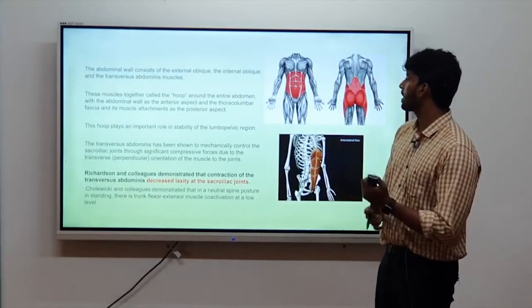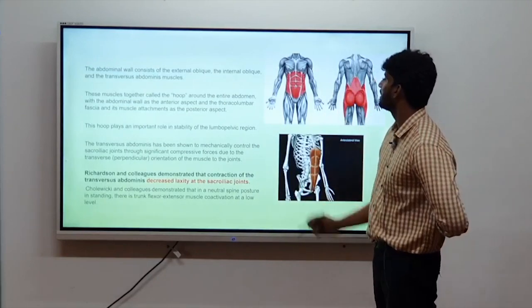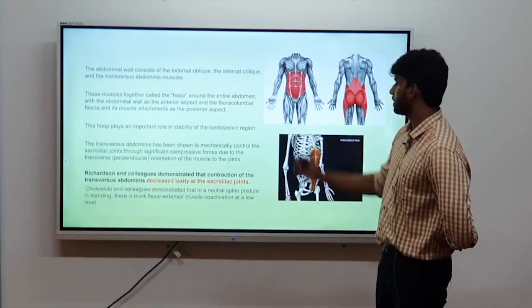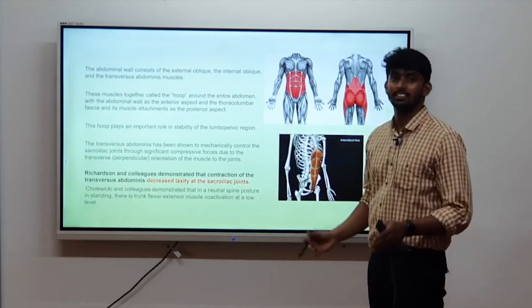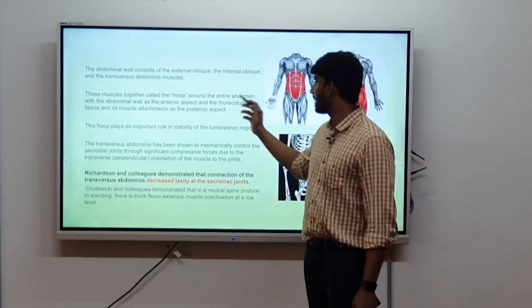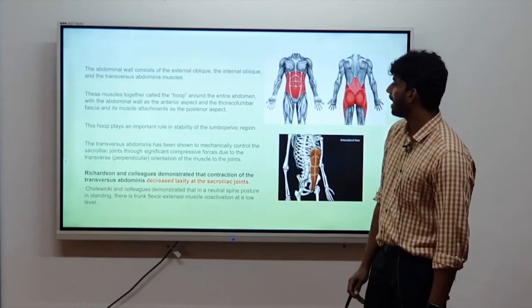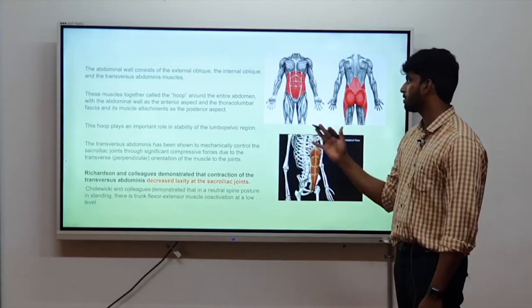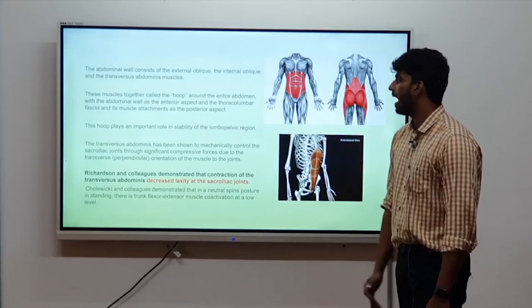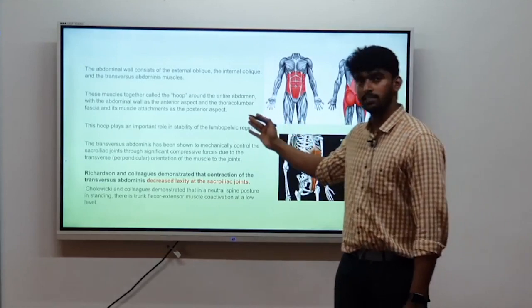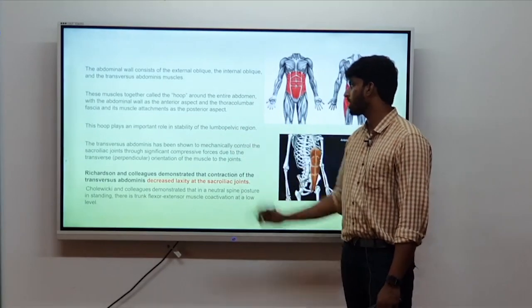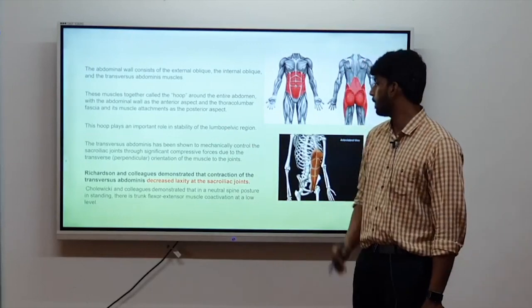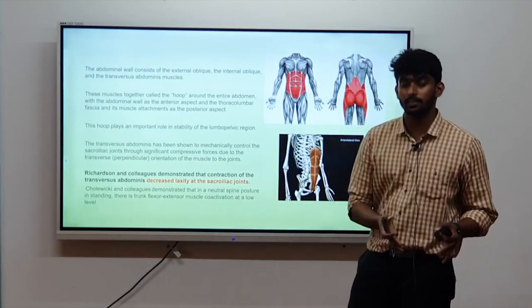The abdominal wall consists of the external oblique, the internal oblique and the transverse abdominis muscle. Together we call this the hoop, which surrounds the entire abdominal wall, with the anterior aspect of the thoracolumbar fascia and its muscle attachment as the posterior aspect. This hoop plays an important role in the stability of the lumbopelvic region, as I explained.